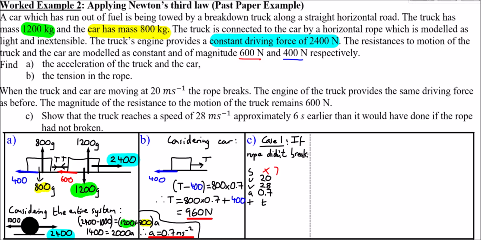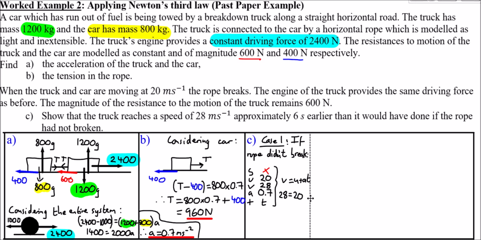So what we can use here is v equals u plus at. What that gives us is v, which is 28, equals u, which is 20.